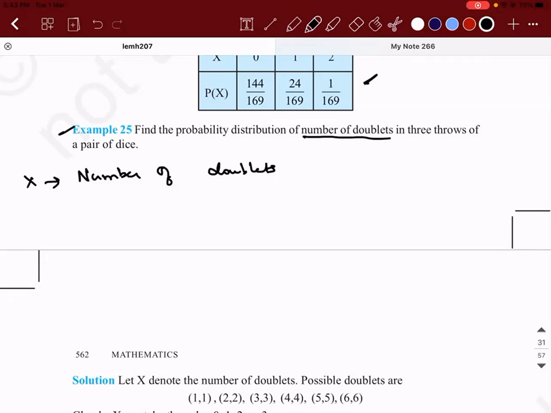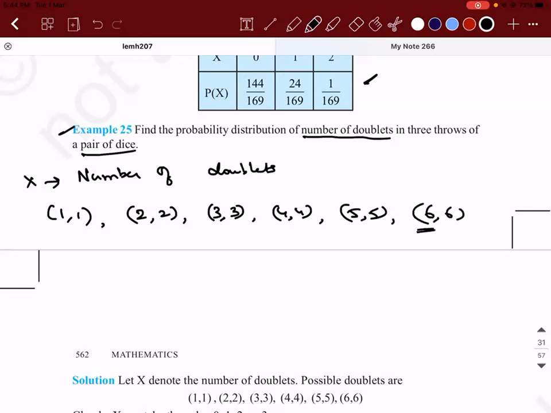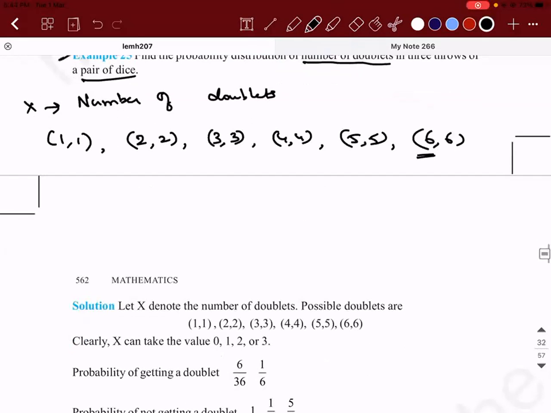It is a pair of dice, so what will the outcomes be? 1,1; 2,2; 3,3; 4,4; 5,5; and 6,6. These are going to be the doublets.